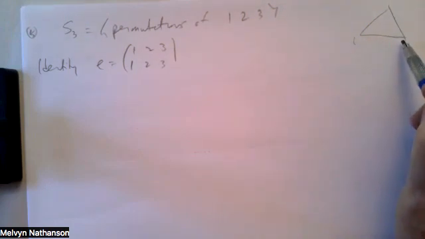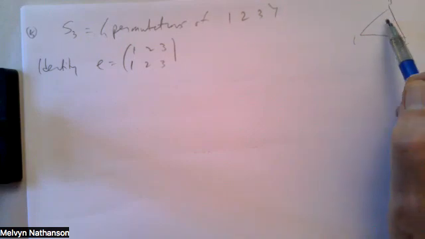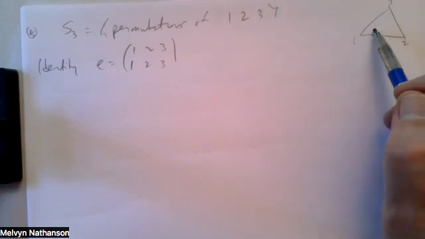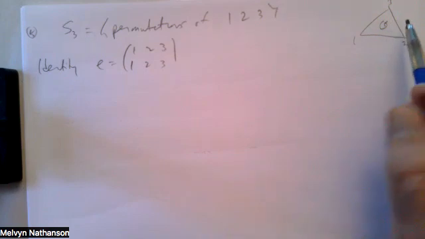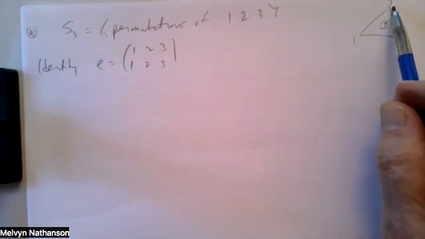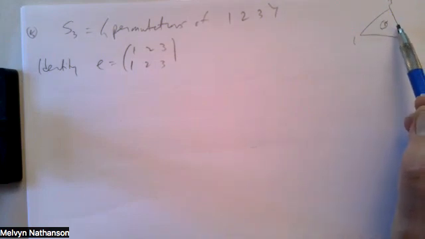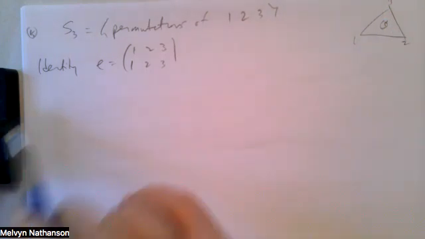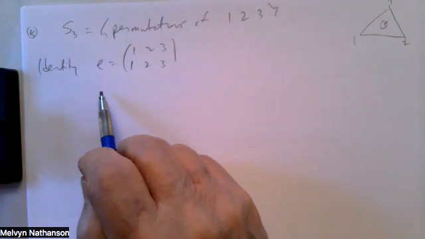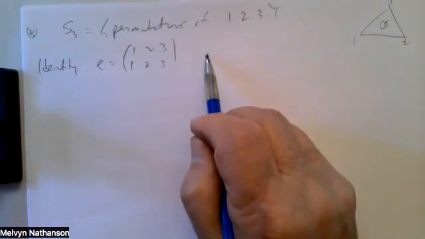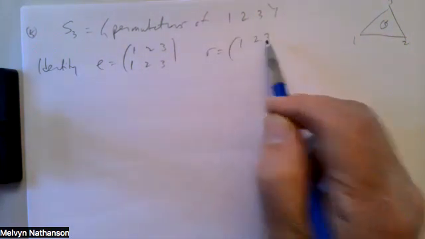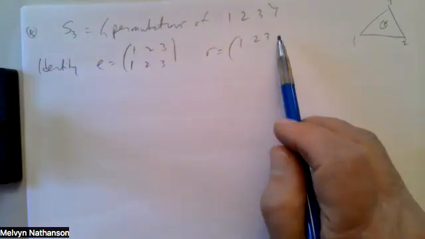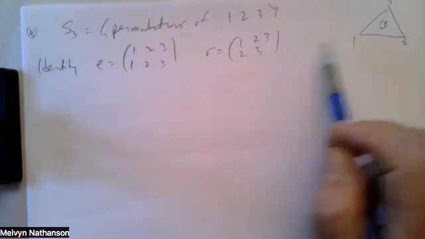What's another permutation? Well, if you think of the 1, 2, 3 as being the vertices of an equilateral triangle, for example, you can rotate it by 2 pi over 3. So we might have the rotation sigma, which sends 1 to 2, 2 to 3, and 3 back to 1.